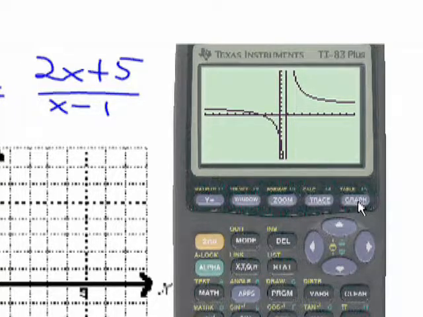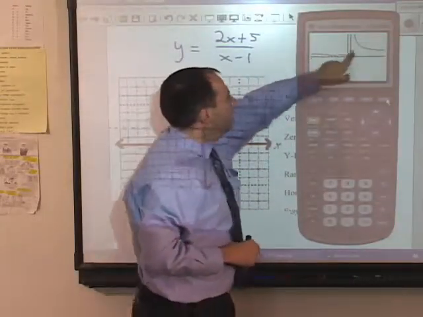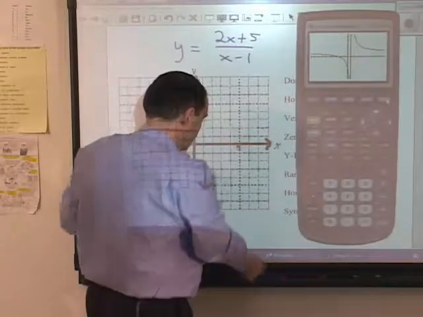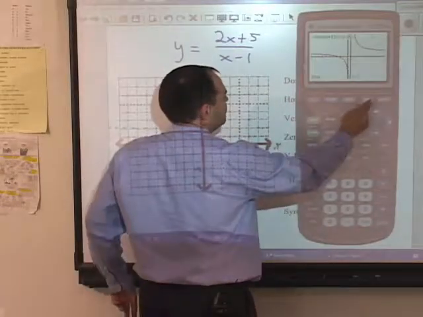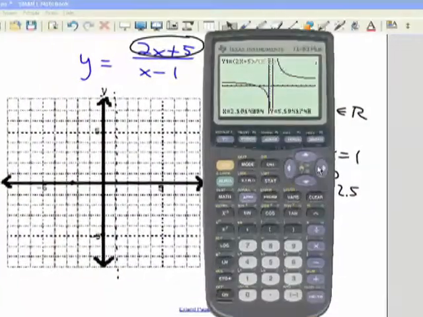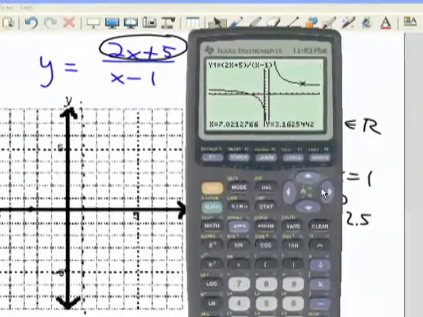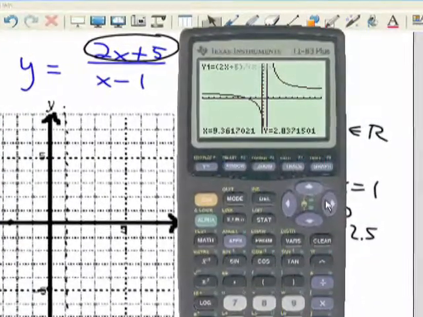There also seems to be a horizontal line going across somewhere around here which the graph is approaching on both sides. If I take my trace feature and trace along the graph far enough, I'm basically going to try to see what value of y the graph seems to be approaching.